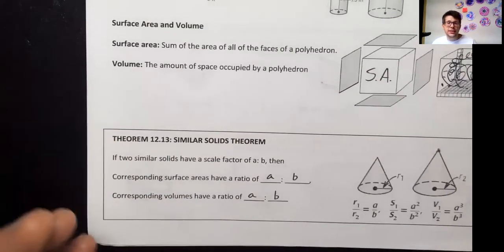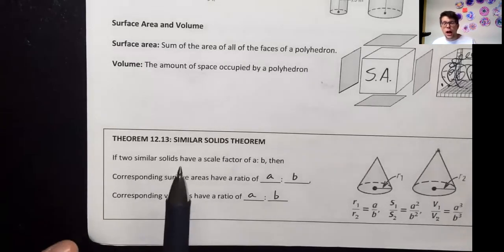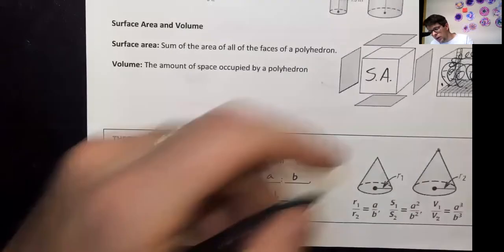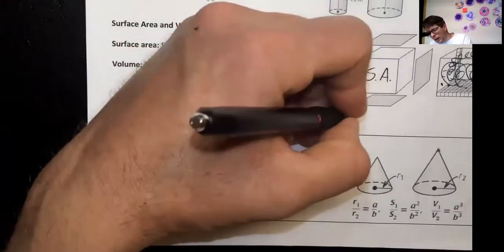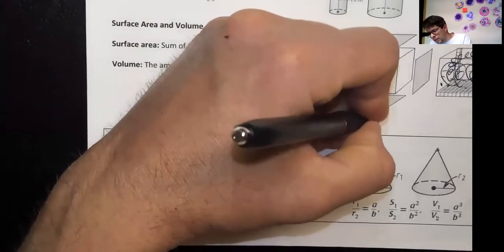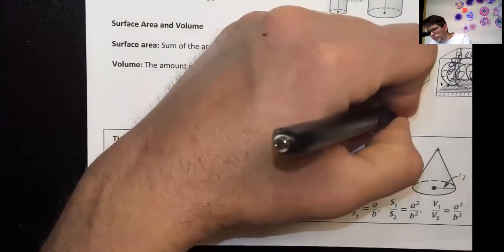Now, if you want to use that similarity that we were talking about earlier with surface area and volume, you can. It works great. But they're a little bit more complicated, so you have to add on a couple of extra pieces. When you're calculating surface area and you're using units to write down your final answer, your units are going to need to be something like inches squared or centimeters squared or feet squared.